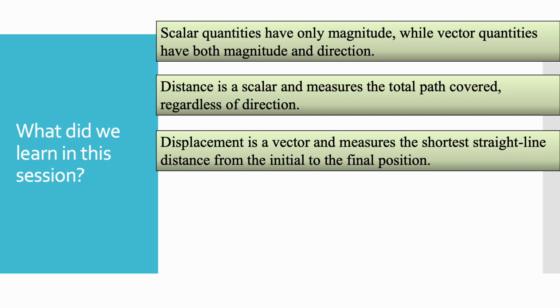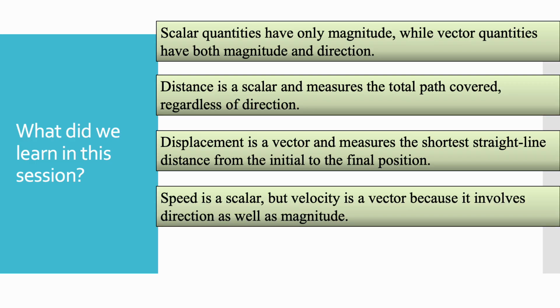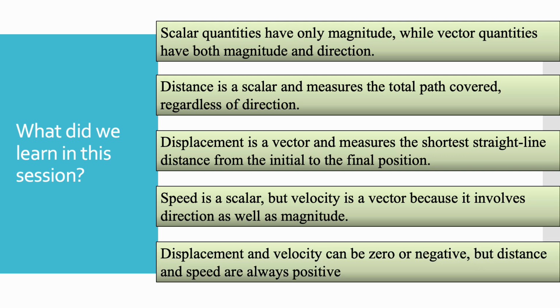Displacement is a vector and measures the shortest straight line distance from initial to the final position. Speed is a scalar, but velocity is a vector because it involves direction as well as magnitude. Displacement and velocity can be 0 or negative, but distance and speed are always positive.